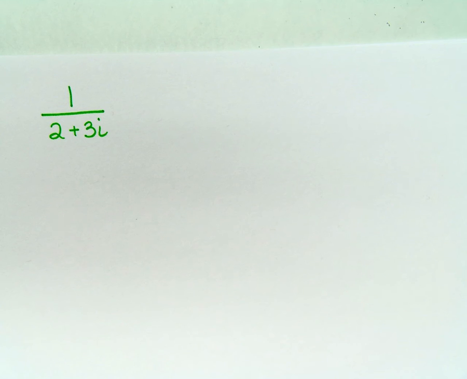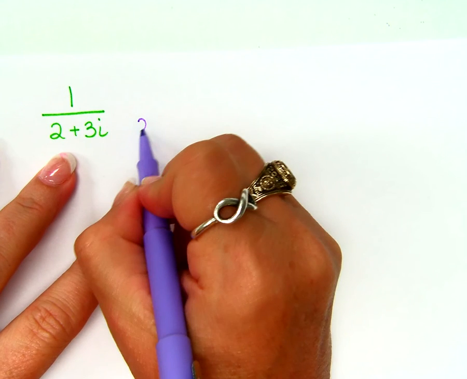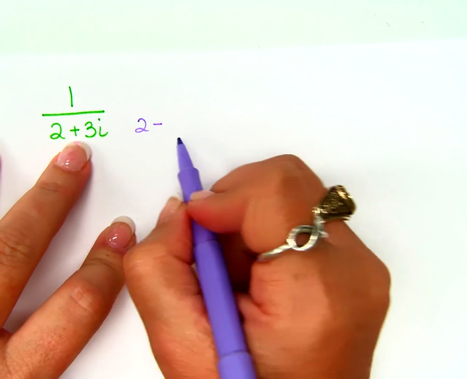No. What's the only thing I'm allowed to multiply a number by that doesn't change its value? 1. So we have a choice. We have to choose a value of 1 to get rid of the complex number inside of our fraction. And that value of 1 is going to have to do with the conjugate.